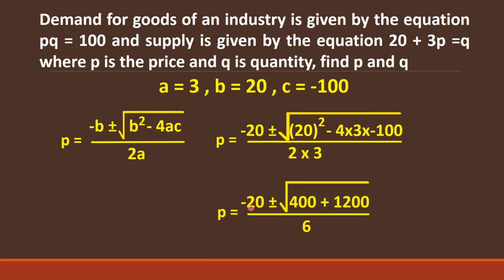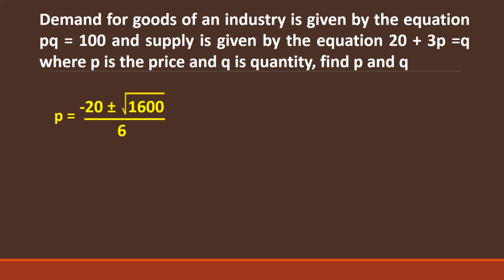That is minus 20 plus or minus square root of 400 plus 1200, since minus 4 into 3 into minus 100 becomes plus 1200, divided by 2 into 3, 6. So, we get P is equal to minus 20 plus or minus square root of 1600 divided by 6.